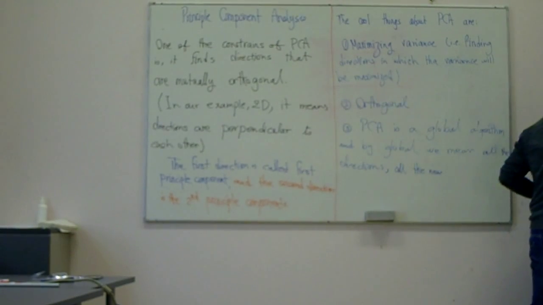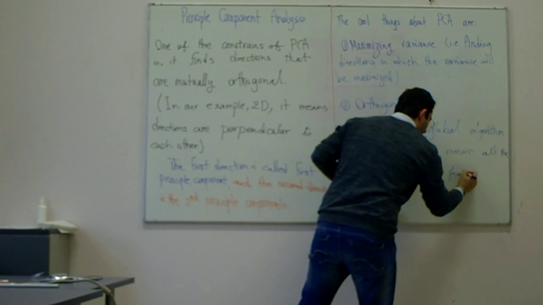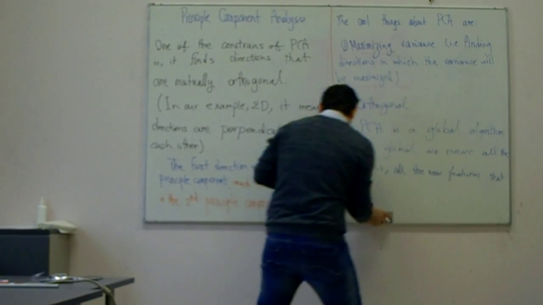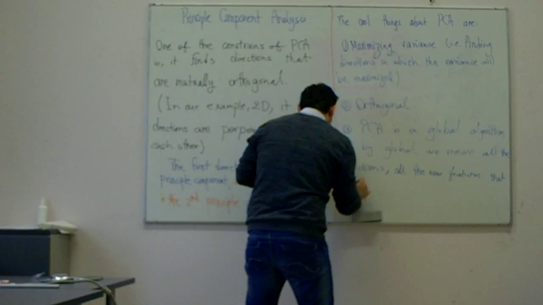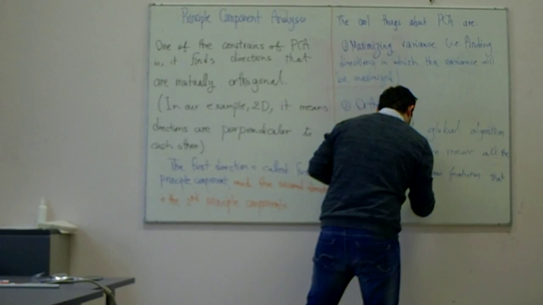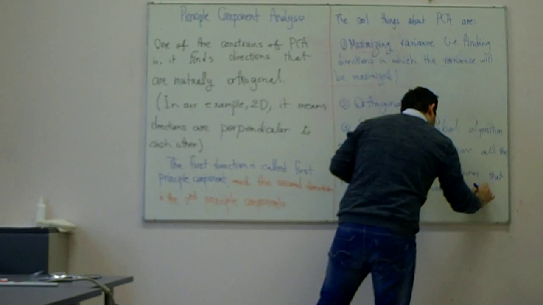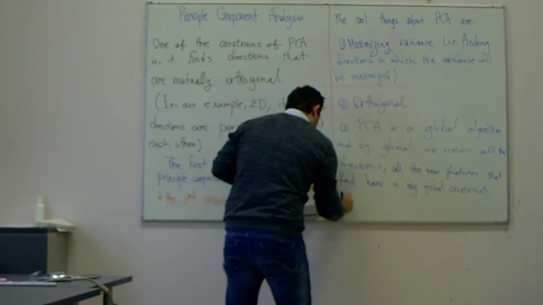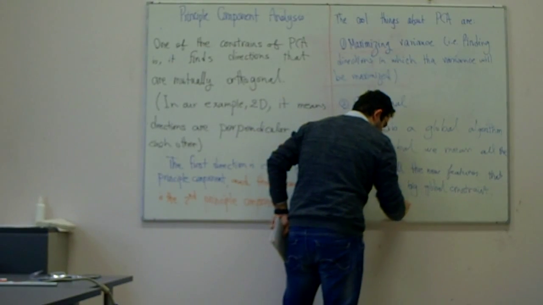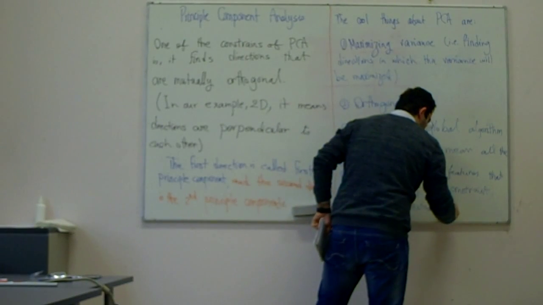Look, this is a new feature now, a new axis. This is also another new feature. All the new features have a big global constraint, namely they are mutually orthogonal.